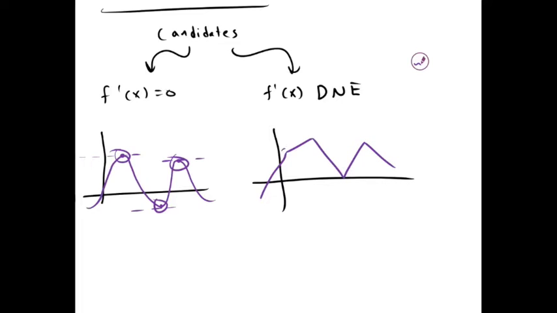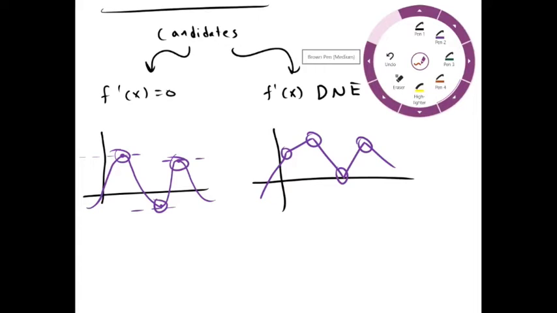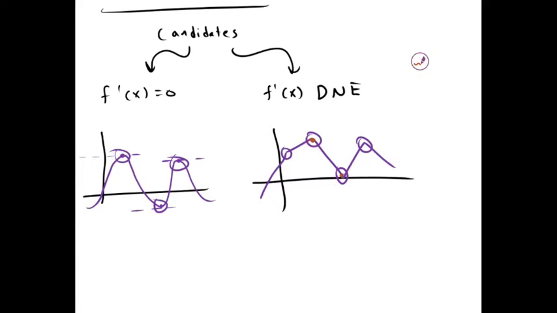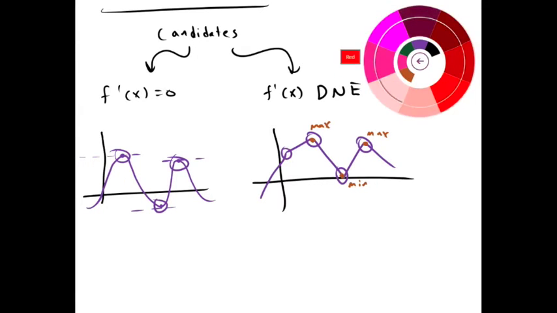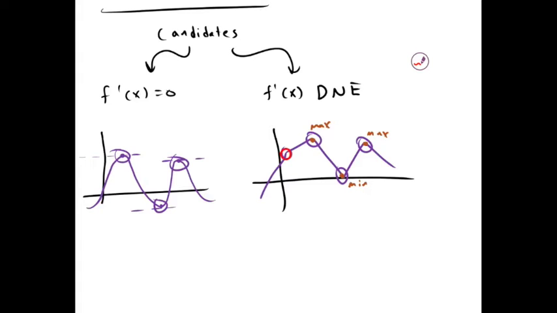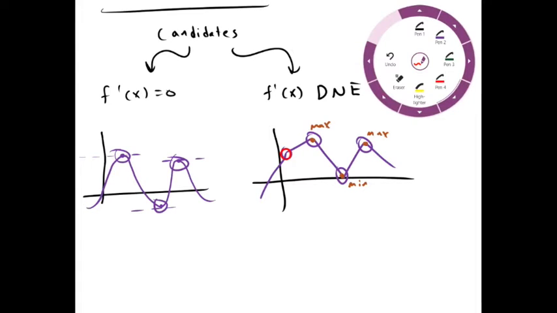So here we have sharp corners, and as you can see, we have local extrema at these brown points. We have a max here, min here, and another max here. Not all places where the derivative doesn't exist have to be an extremum point. For example, this is not an extreme point. It's just a break in the slope.